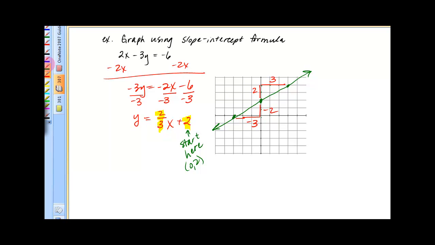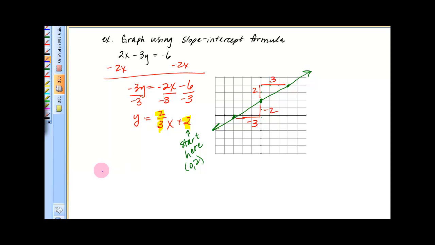Okay, other thing I want to point out here: this coefficient of 2 next to the x is not the slope. My equation has to be in the slope-intercept formula for me to look at the coefficient of x.